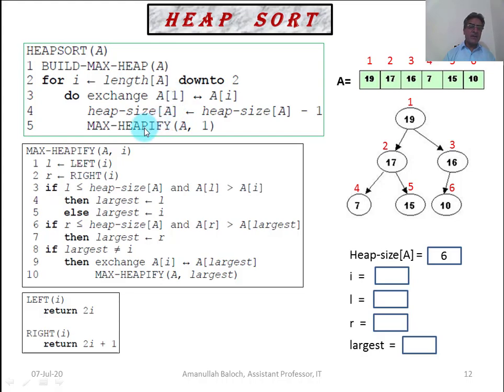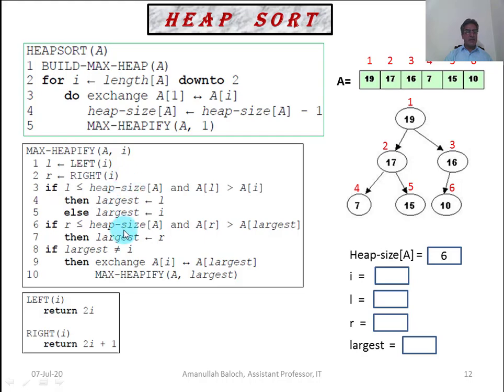So maxify should convert it into a max heap again. Heap sort again and again violates the max-heap property, reduces the heap size, and calls maxify to convert it.